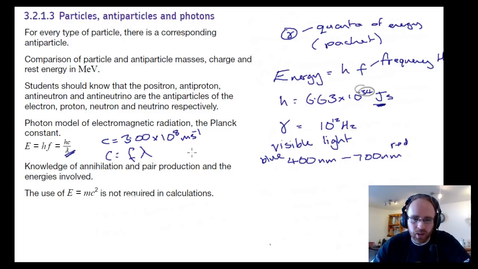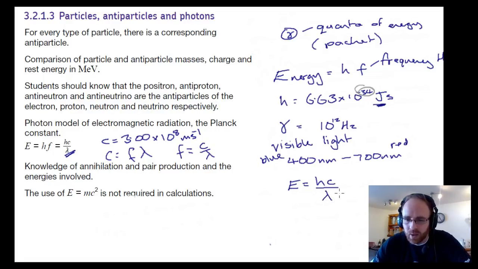So we can find frequency in terms of wavelength and substitute in for frequency, so then E also equals h multiplied by c and then divided by wavelength. So this is wavelength in meters, and that's the speed of light, and that's in meters per second.